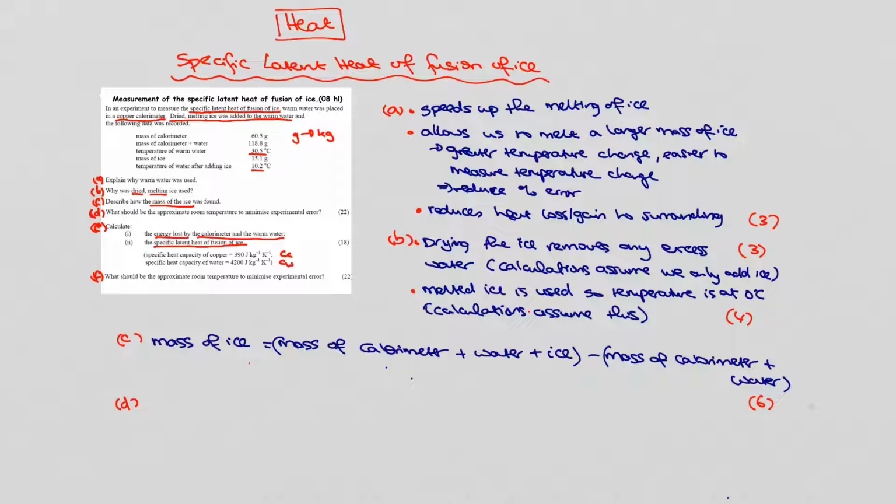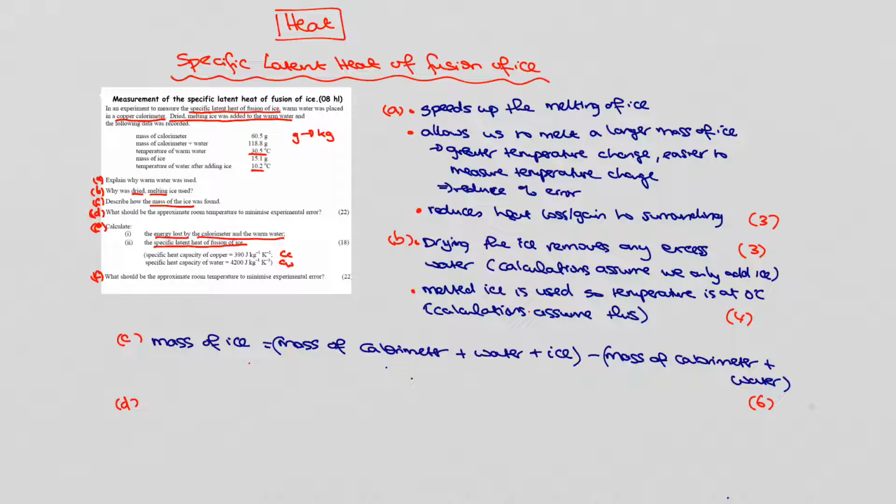So normally we start with warm water just above room temperature, and we add enough ice to bring it down just below room temperature. So in other words, we want our value to be somewhere between the starting and the end point. So therefore we should expect the approximate room temperature to be halfway between 30.5 and 10.2.